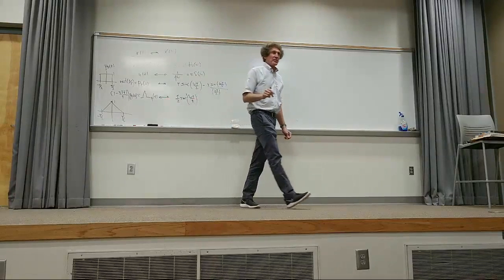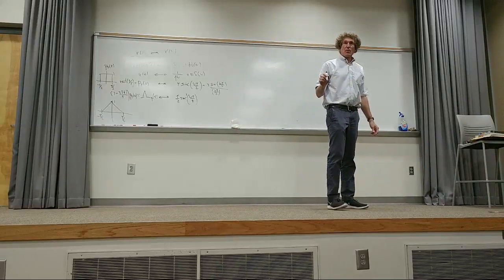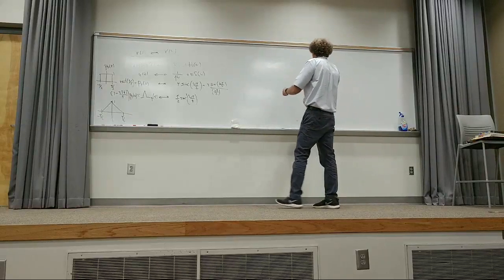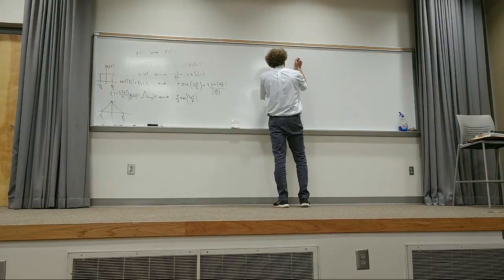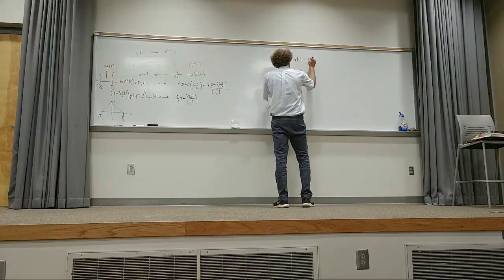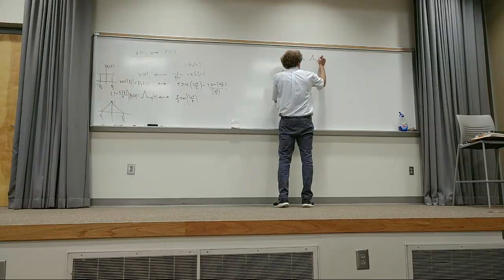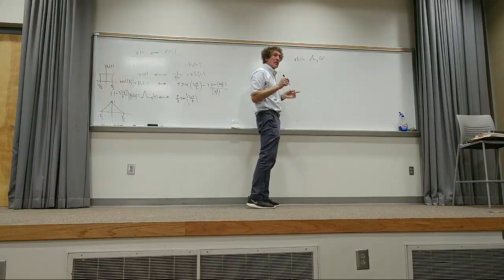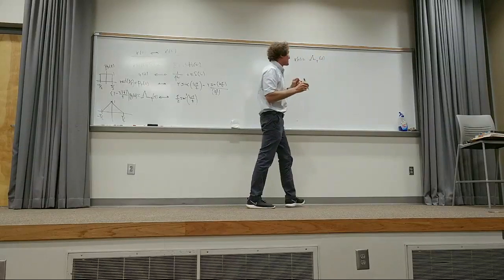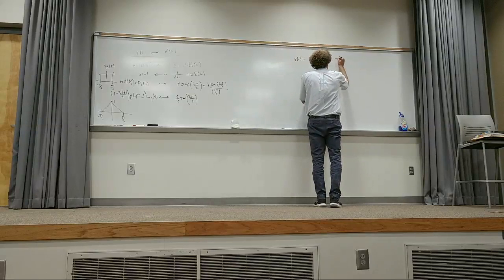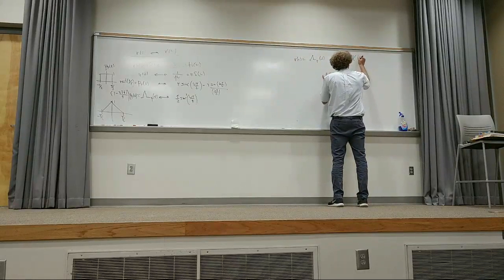Now, I'm going to show you how you get it, all right? Work with me on this. I'm going to say my x of t is equal to the triangle function of tau of t. I'm looking for that transform. I don't know what it is. I'll call that X of omega.